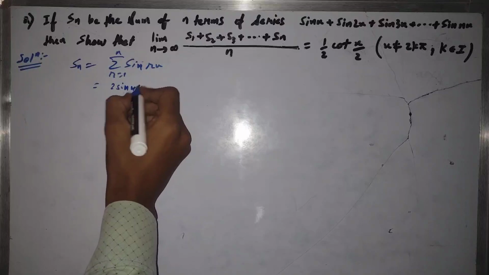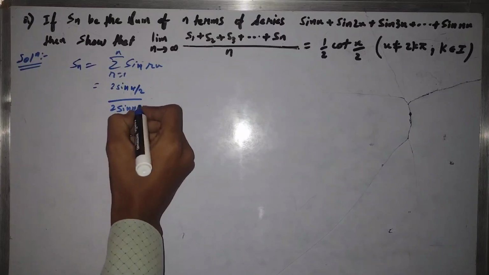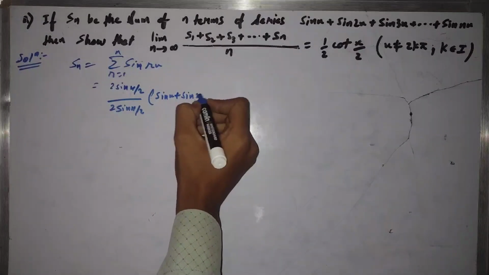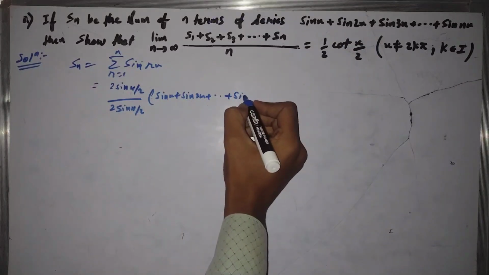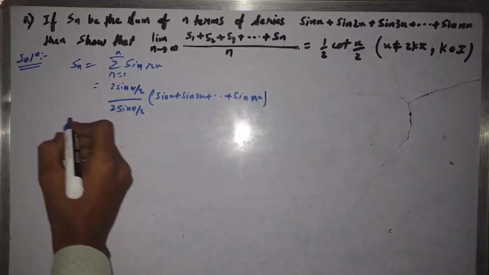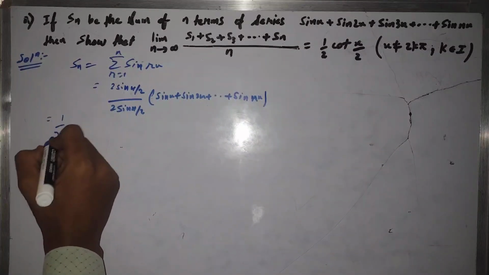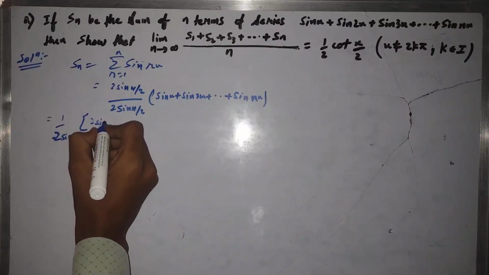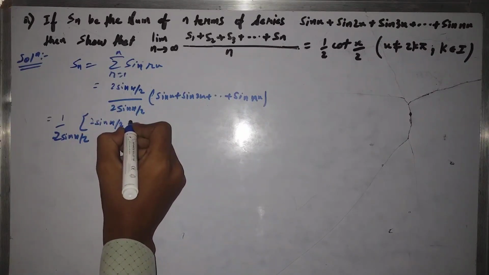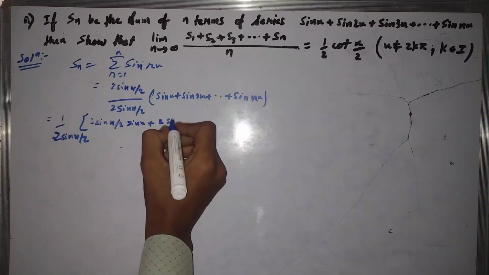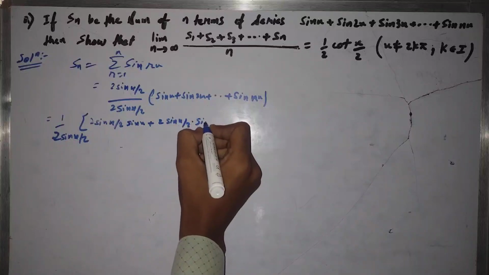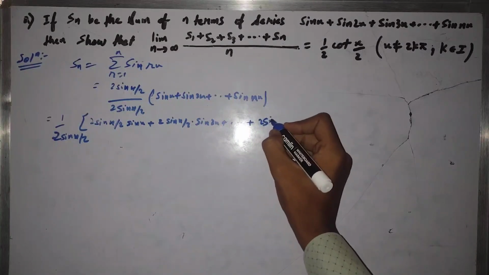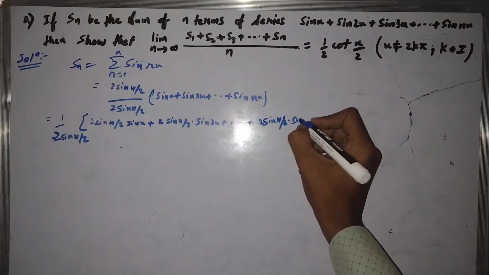Then we have sine x plus sine 2x all the way up to sine nx. In the numerator we get 2 sine x by 2 into sine x, again 2 sine x by 2 into sine 2x, all the way up to 2 sine x by 2 into sine nx.